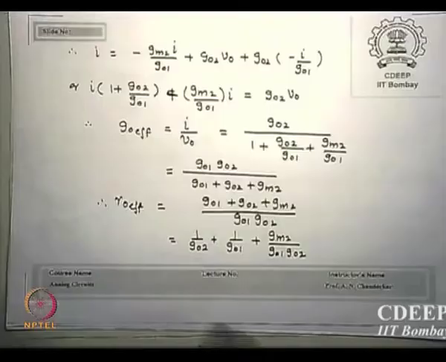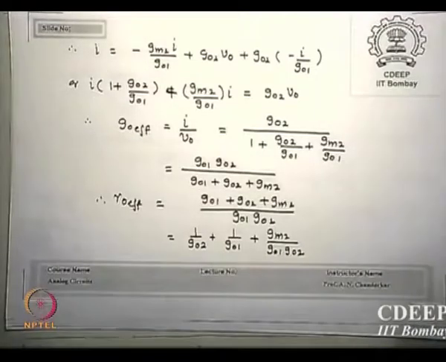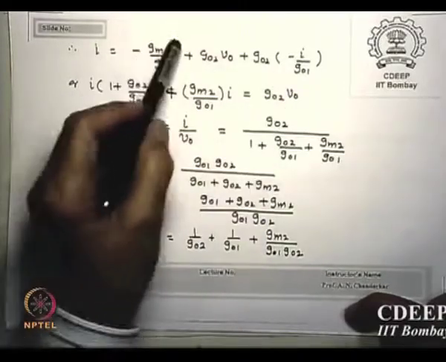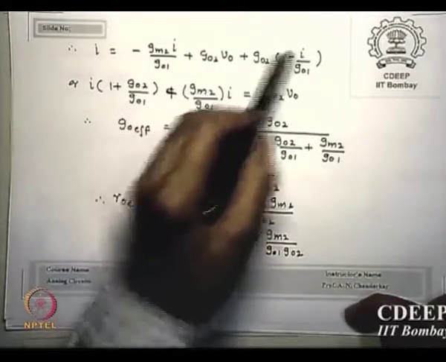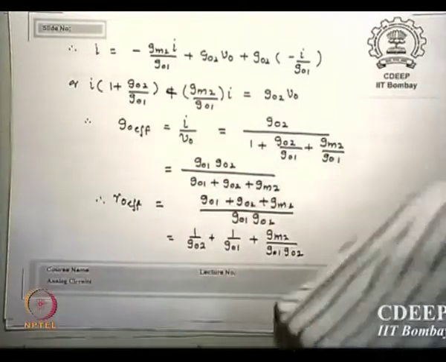Okay. So if I substitute VO1 into the second equation, equation 2, then I rewrite I as GM2 I by GO1, GO2 V0, GO2 minus I by G. Is that clear? I just substituted VO1 in the upper equation and you get this equation.